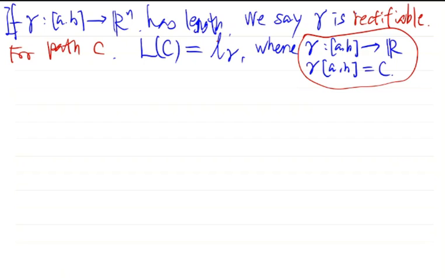That is, the length is not dependent on the chosen parametrization. Therefore, it makes sense to define the length of the geometric patch to be the length of any of its parametrization. So in this case, we also say C has length, or C is rectifiable.